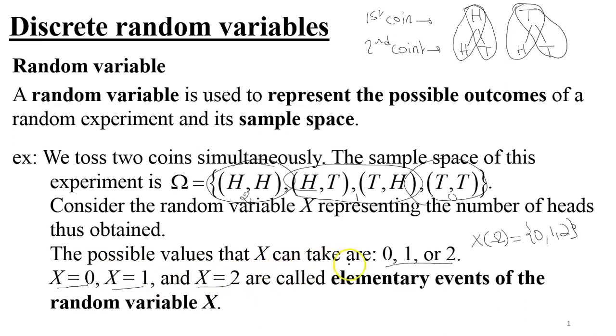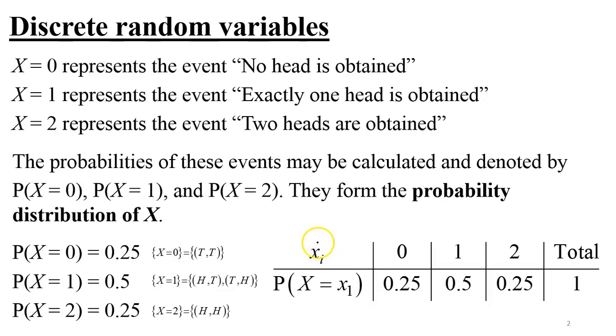These are called elementary events of the random variable X, and these are the events that you determine the probability of. For example, X equal to 0 would represent the event that says no head is obtained.